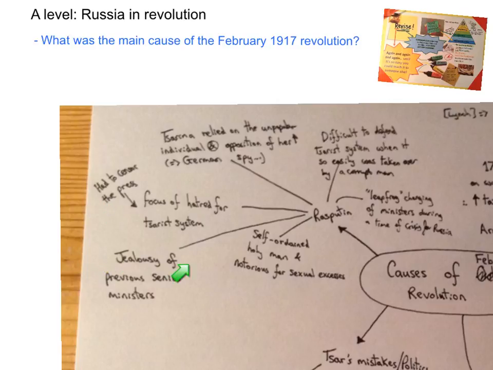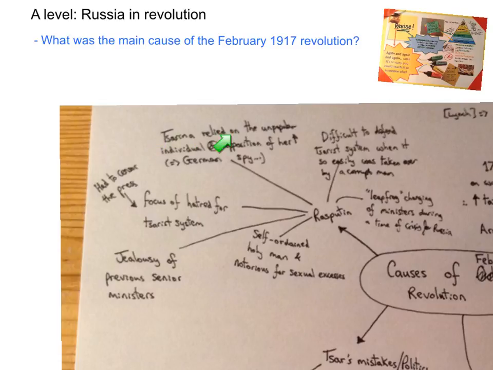It also led to jealousy of previous senior ministers like Stolypin, so it split the previous support for the Tsar, as they didn't like the fact that this man with no real experience or qualities seemed to be taking their place in running the country, and so it also divided the supporters of the Tsar.